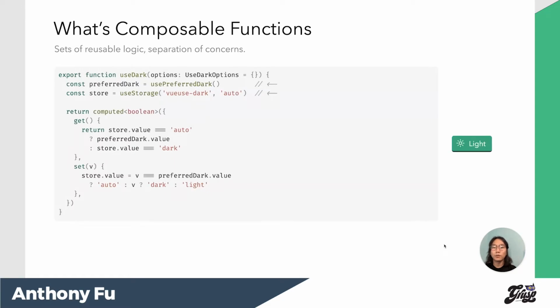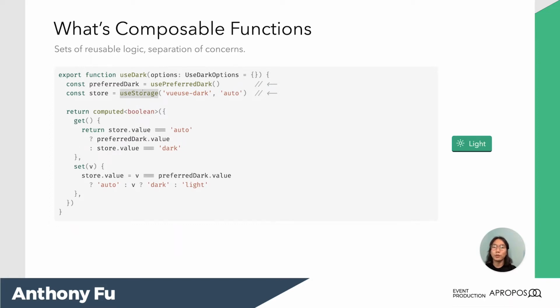Here is an example. The useDark function in VueUse is provided as a simple toggle to enable and disable dark mode for apps. There are actually two variables involved. One is the system's preference and the other one is the user's manual override. As you can see in this code snippet, I have used two composable functions, usePreferredDark and useStorage.